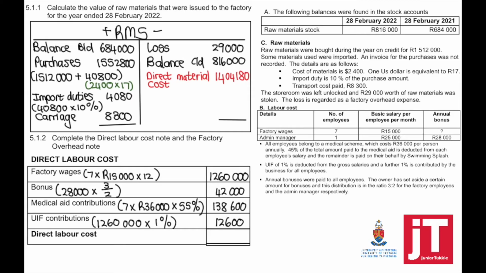UIF is 1% of the factory wages. So the direct labor cost, we're going to add the factory wage plus bonus plus medical aid contribution plus UIF contribution. A reminder, that which is deducted will go to the fund account. We will always show the direct labor cost, the gross, plus the contributions.